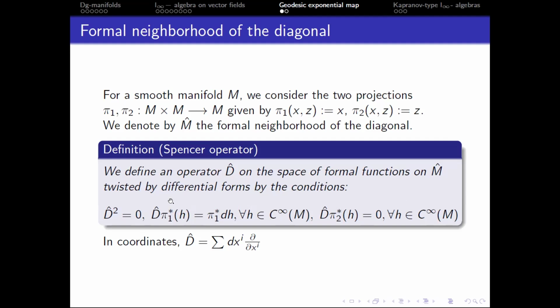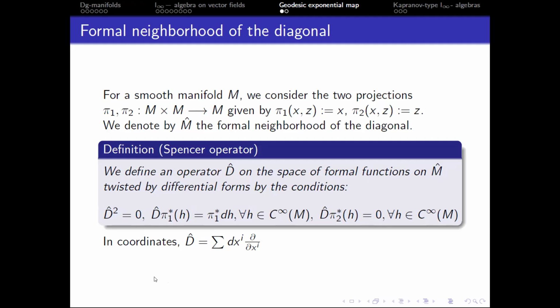If we take this pullback of a smooth function on M and apply this expression, it coincides with the pullback by pi1 applied to the differential of H. For the other expression, with the second projection, we will have 0. If we write this in coordinates, we get an expression in this form, which looks like a copy of the RAM operator.